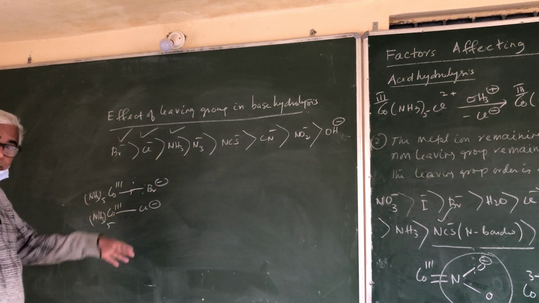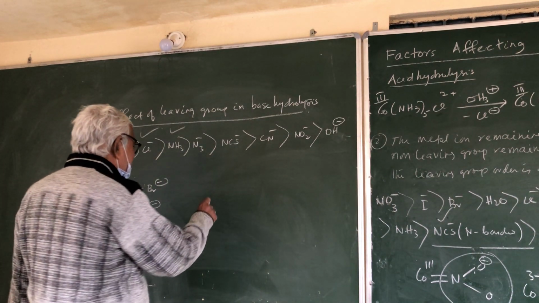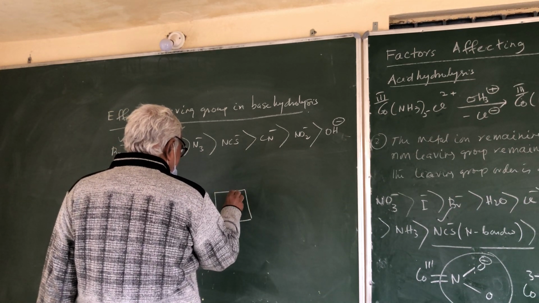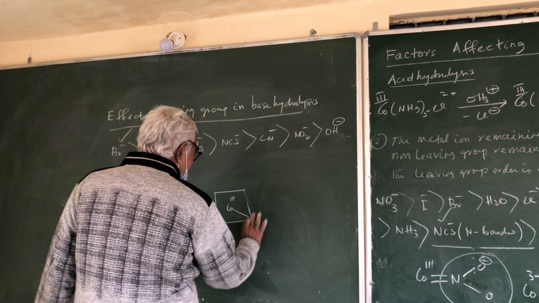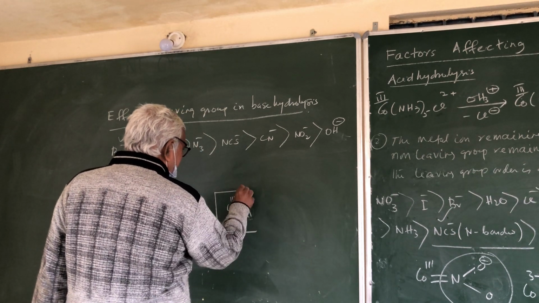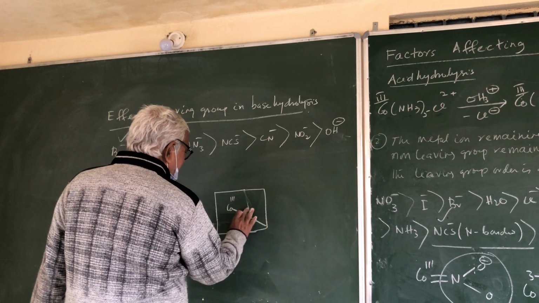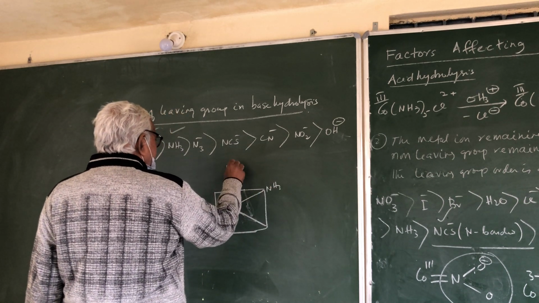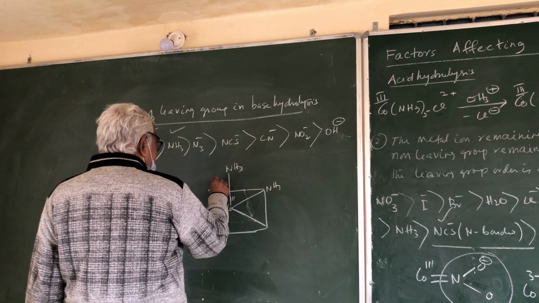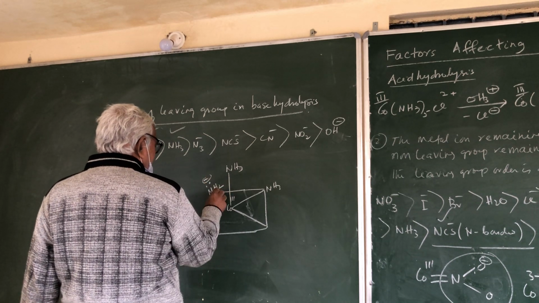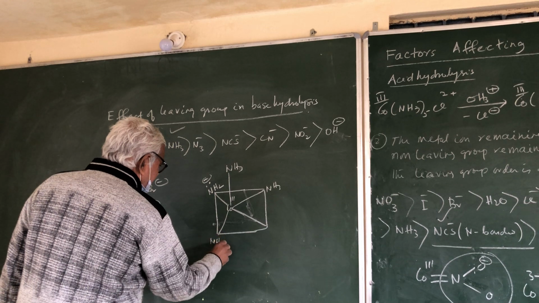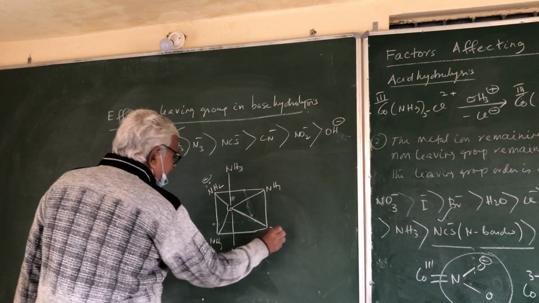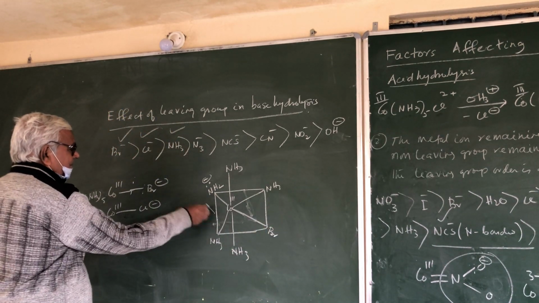So two conjugate bases are formed. Now this is the conjugate base from this.